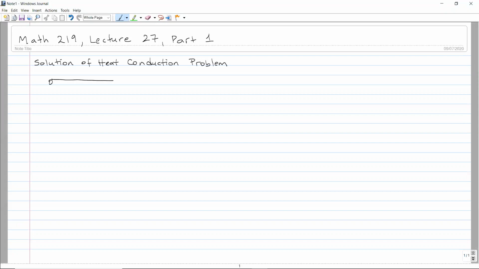So the conditions are, we have a metal rod along the x-axis lying between the positions x equals 0 and x equals L. We have the ends x equals 0 and x equals L kept at constant temperature 0.